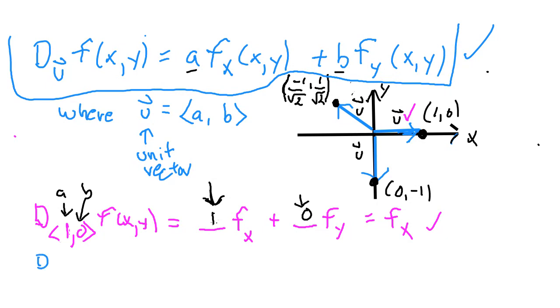What if you had the directional derivative where the unit vector is 0, 1? Now you're looking at the slope of the tangent line to a point on the surface where the tangent line points in the direction of the positive y-axis.